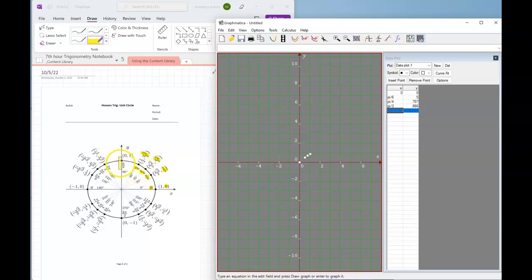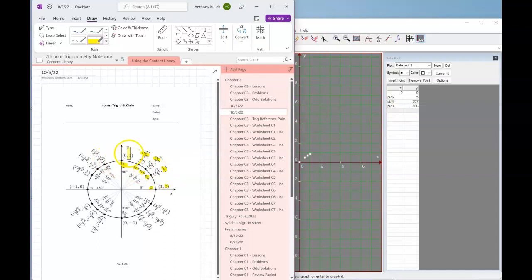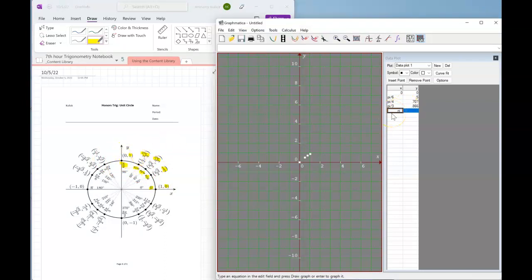And then the next angle is pi over 2, and the output there is 1. And I'm just going to kind of continue doing this. So I'm going to stop highlighting things. Is everybody okay with that? Hopefully by now you kind of get the pattern of what I'm doing here.